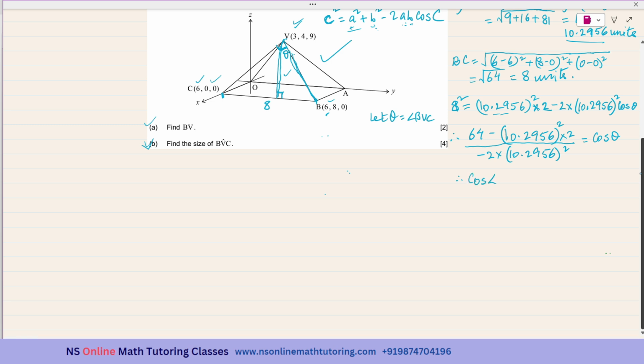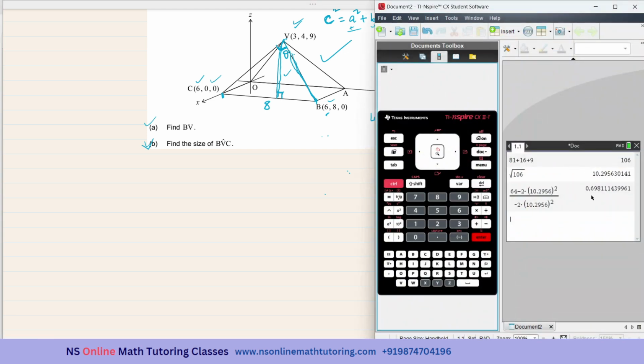Cos, or again, I can write angle BVC because I'm having space over here. But if you write cos theta, then you have to write this line, let theta be equal to angle BVC. Okay. So let me again read the value, 0.6981114.